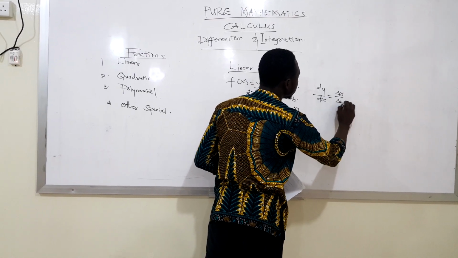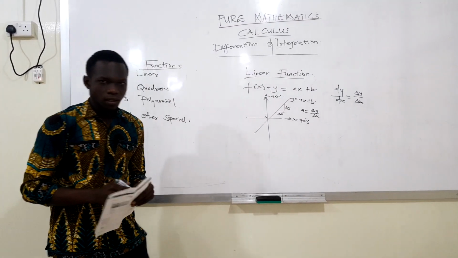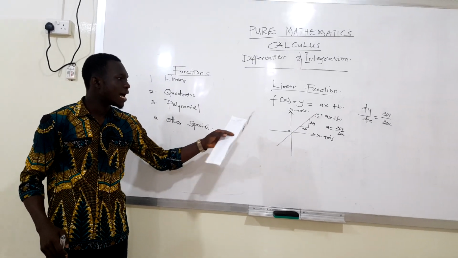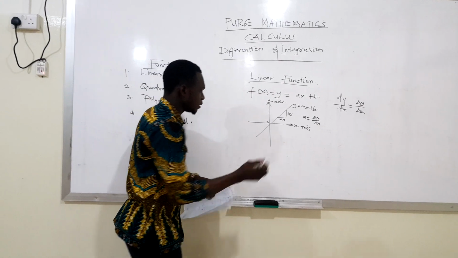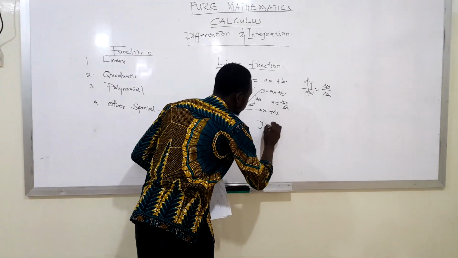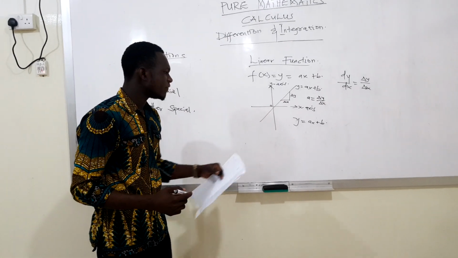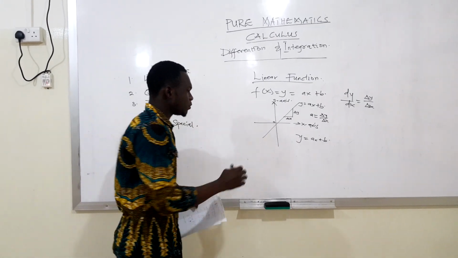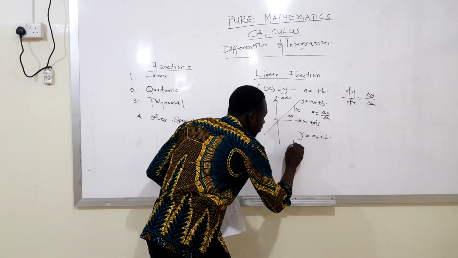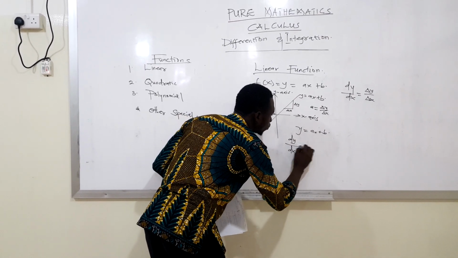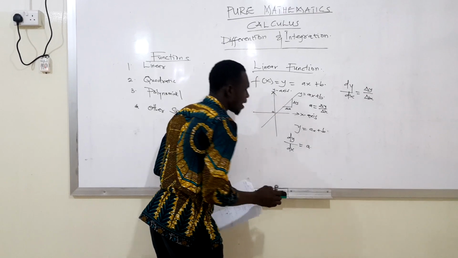The change in x. So given an expression or a linear function such as this, y is equal to ax plus b, we simply want to find for the expression the dy, the change in y with respect to the change in x, will give us a y.